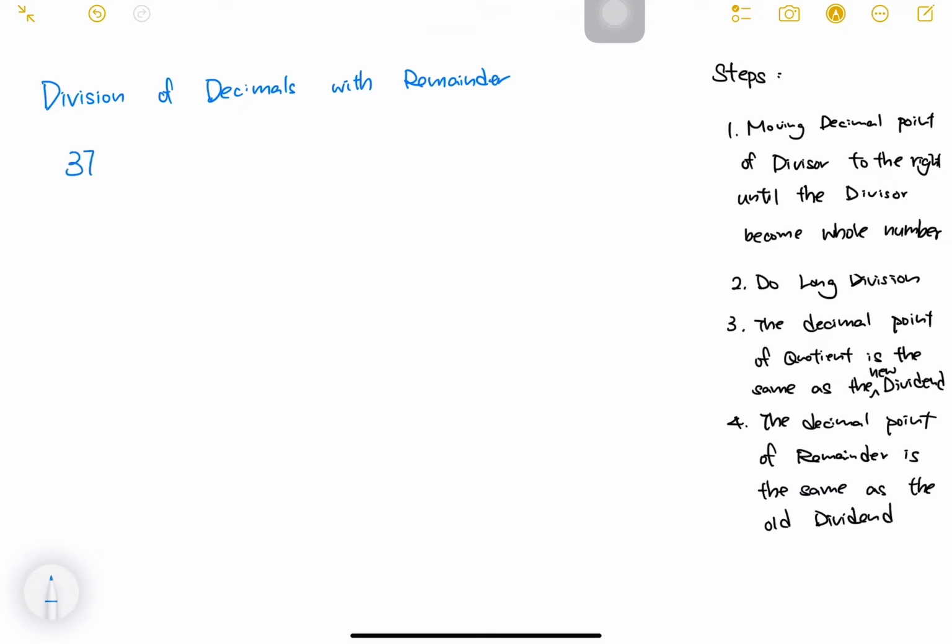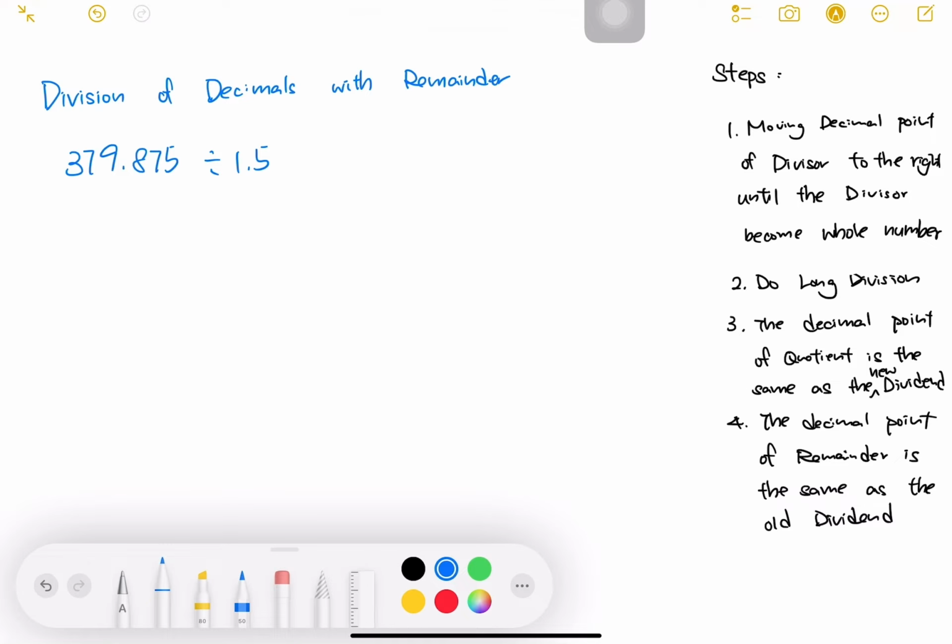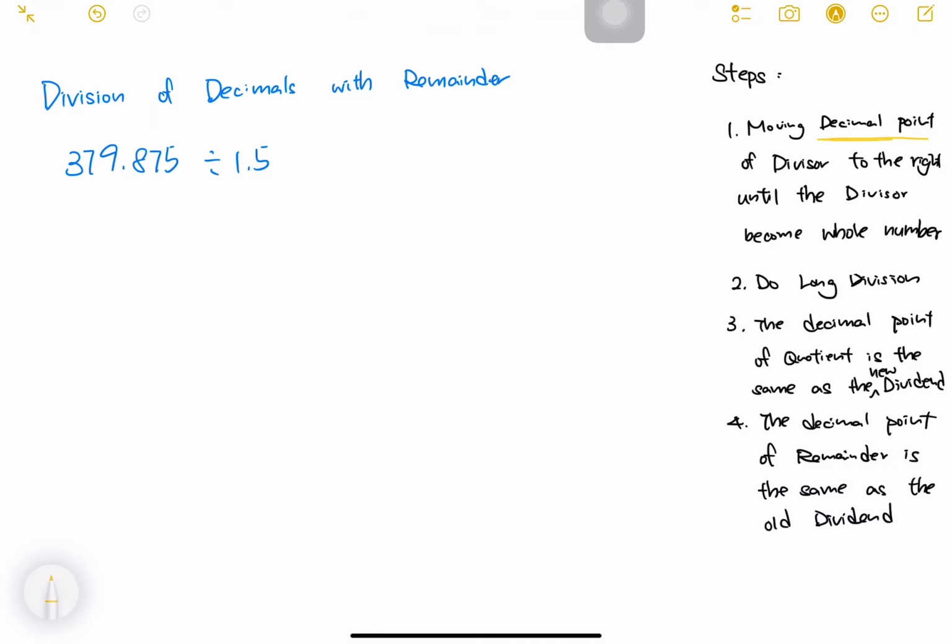We are using 379.875 divided by 1.5 to explain how we can get the remainder of this question. First of all, we have to consider the divisor, because we have to move the decimal point of the divisor to the right until the divisor becomes a whole number.